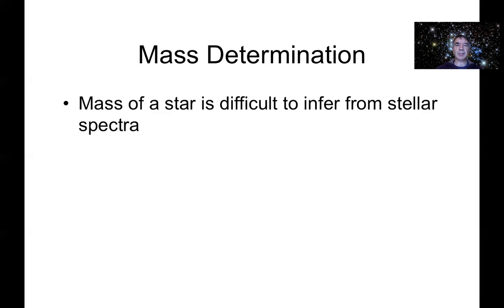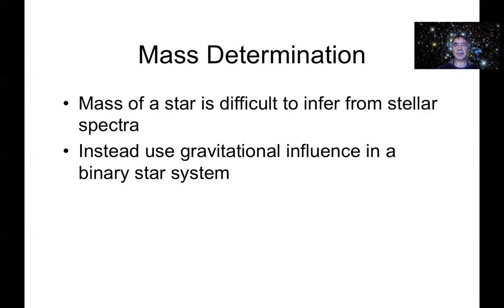So if you want to measure the mass, you had better find a property that the mass directly influences. What does mass do? Well, it exerts gravity and pulls other things around it. So the real way to determine mass is to use the fact that mass determines the gravitational field around an object. But even then, you need to put something else in that gravitational field for it to pull on. Otherwise, you're not going to see that gravitational influence.